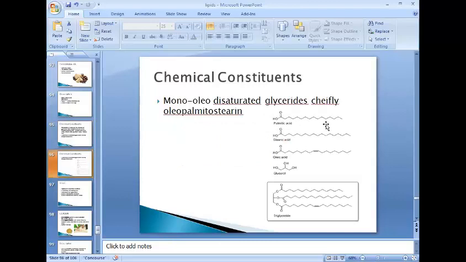It has palmitic acid, stearic acid, and the unsaturated portion is oleic acid, an unsaturated fatty acid, and when these are combined, resulting in a triglyceride, these triglycerides are also called mono-oleo-disaturated glycerides, and this is basically responsible for its sharp narrow melting point.